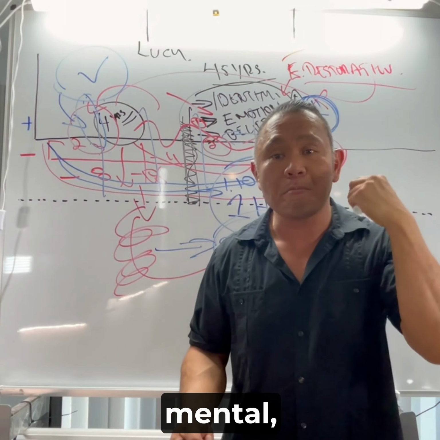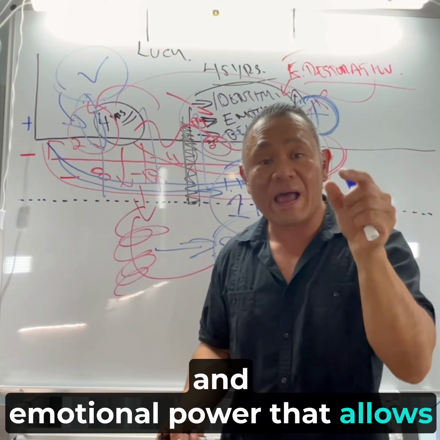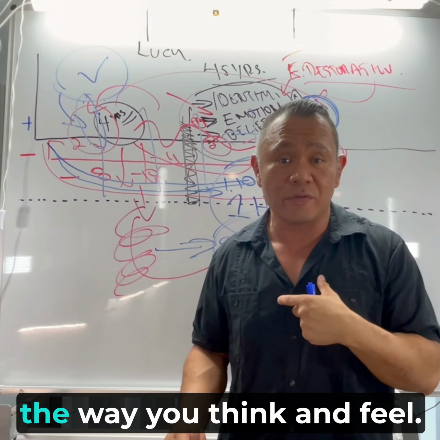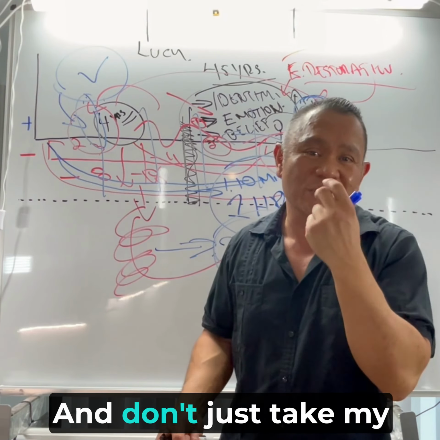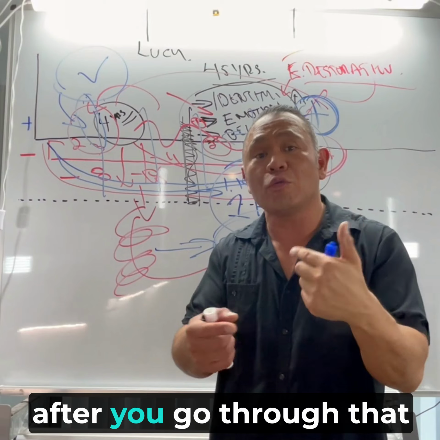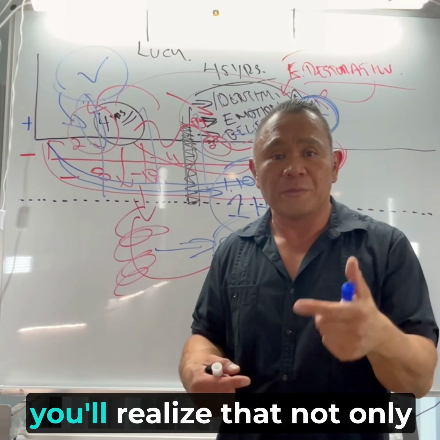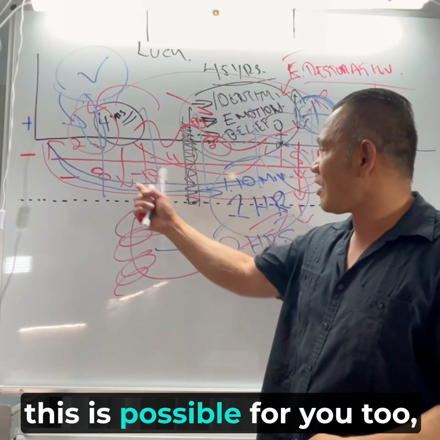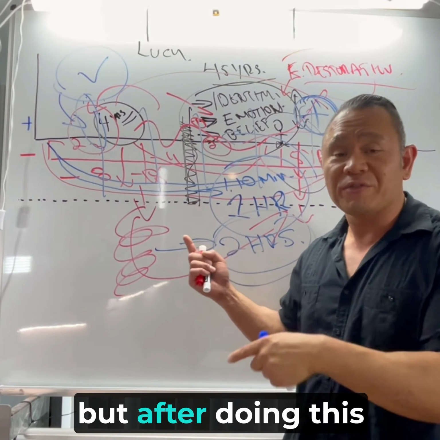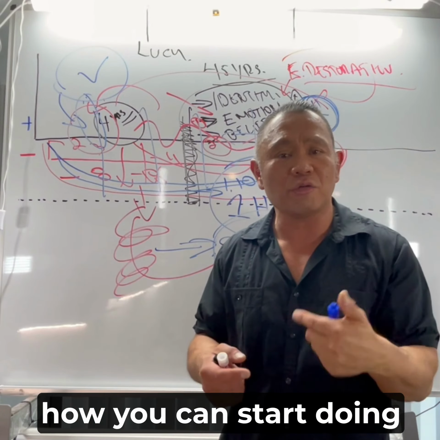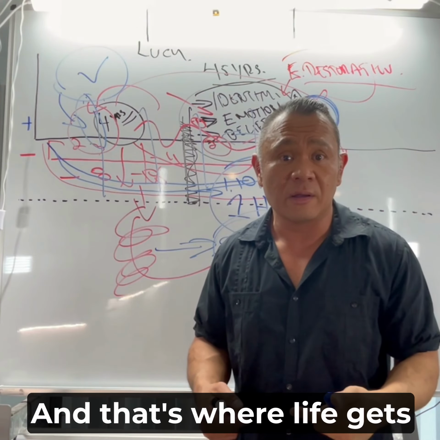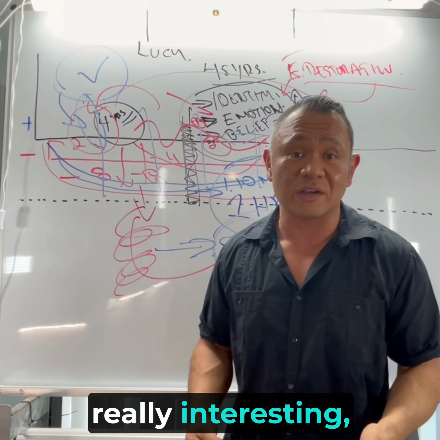You have an internal mental and emotional power that allows you to take full control over the way you think and feel. And don't just take my word for it. After you go through that experience yourself, you'll realize that not only is this possible for you too, but after doing this a few times, you get a hang of how you can start doing this for yourself. And that's where life gets really interesting.